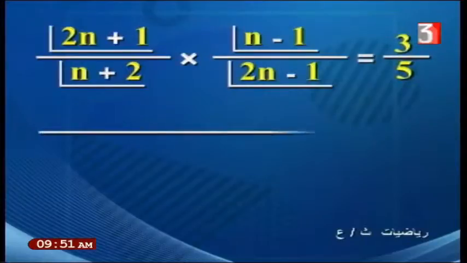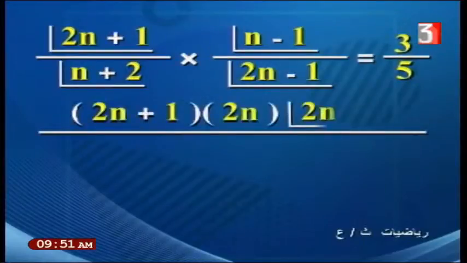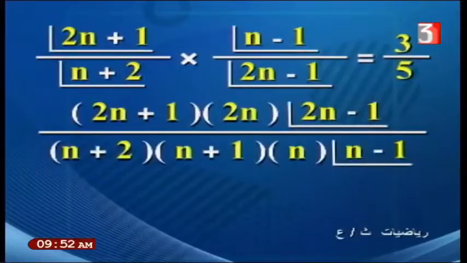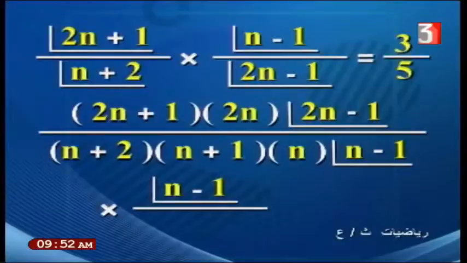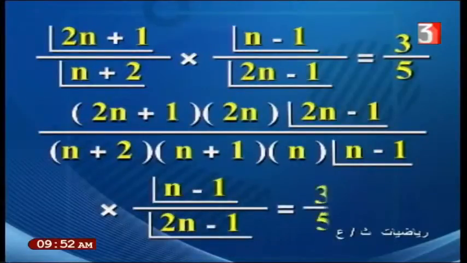Look at, my dear student, the left hand side equals 2n plus 1 inside the bracket multiplied by the bracket 2n multiplied by factorial 2n minus 1, over n plus 2 multiplied by n plus 1 multiplied by n multiplied by factorial n minus 1, equals 3 over 5 by using simplest form.